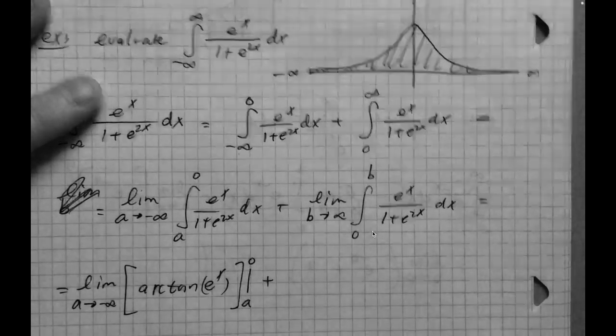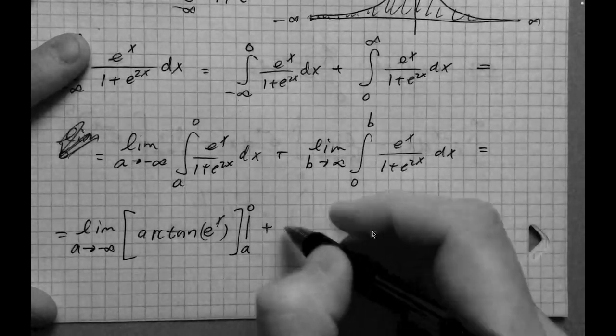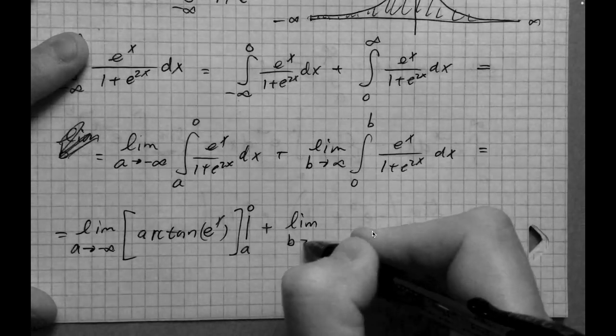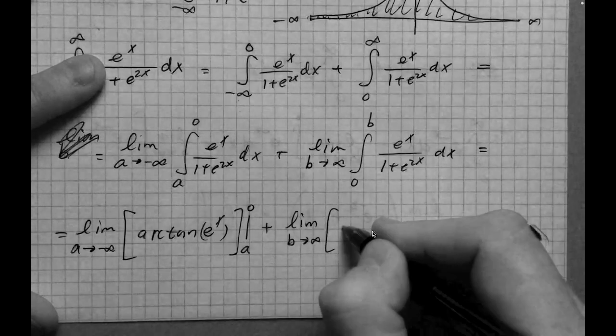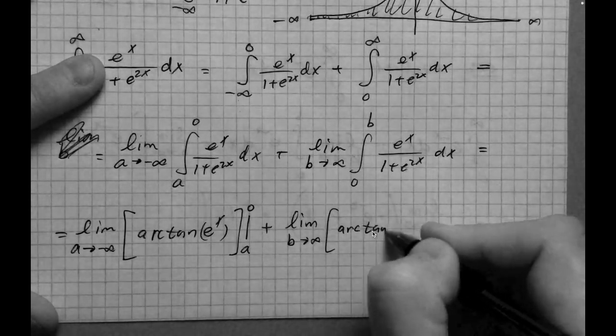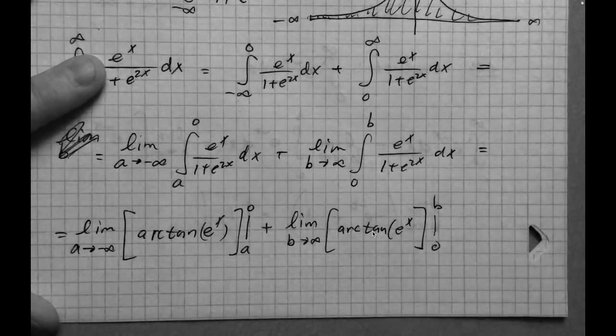Take a second to see that. And then this one over here, the limit as b goes to infinity, is also the arctangent of e to the x, since it's the same function, from 0 up to b.